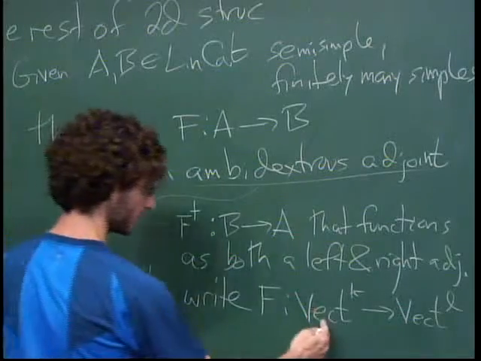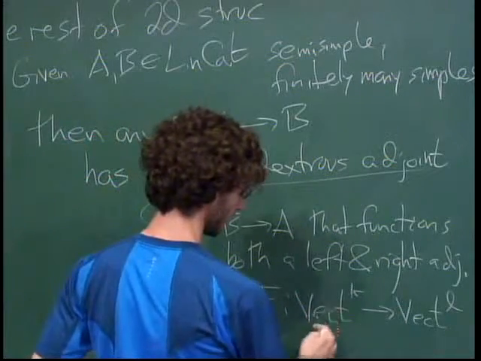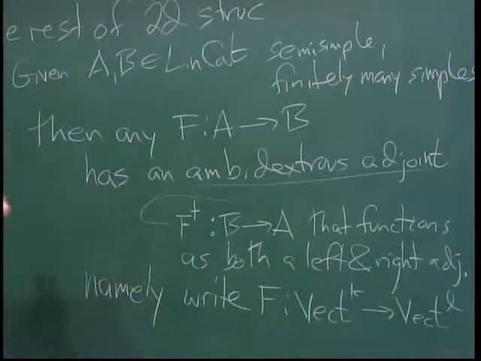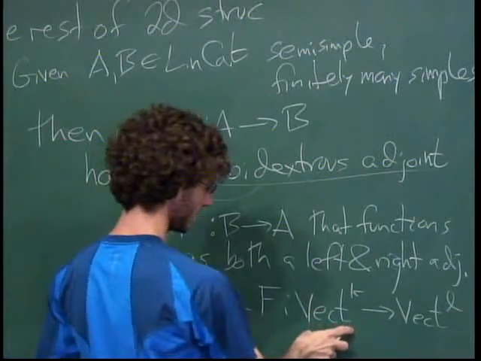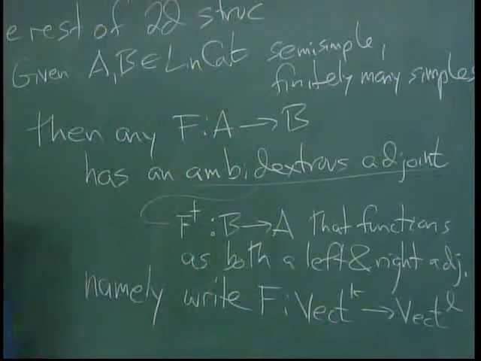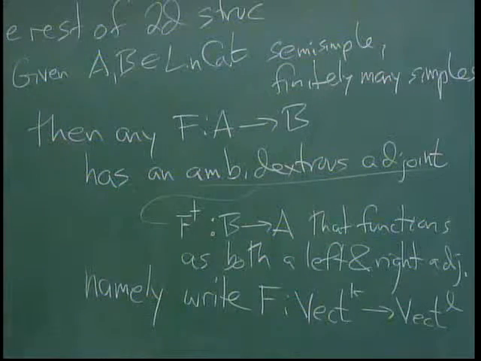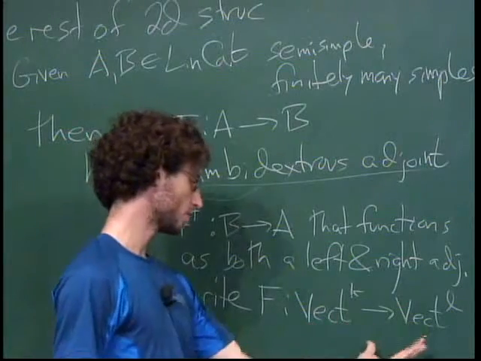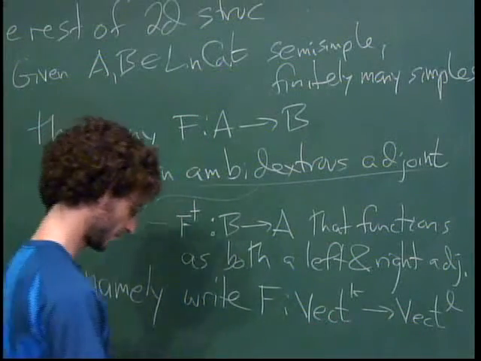So what does a functor from a bunch of copies of Vect to a bunch of copies of Vect look like? Well, if I decategorify and replace Vect by C, it's just a K by L matrix. So it's just a matrix of vector spaces.